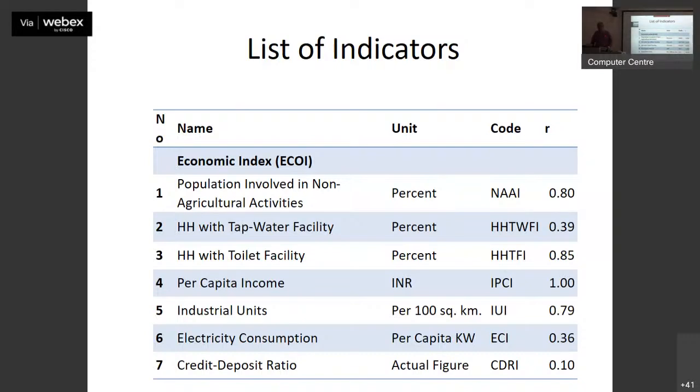Households with toilet facilities. Per capita industrial units in the area, how many industrial units are there, electricity consumption, and credit deposit ratio. So all that belongs to the economic indicators, so I have put them into economic indicators.